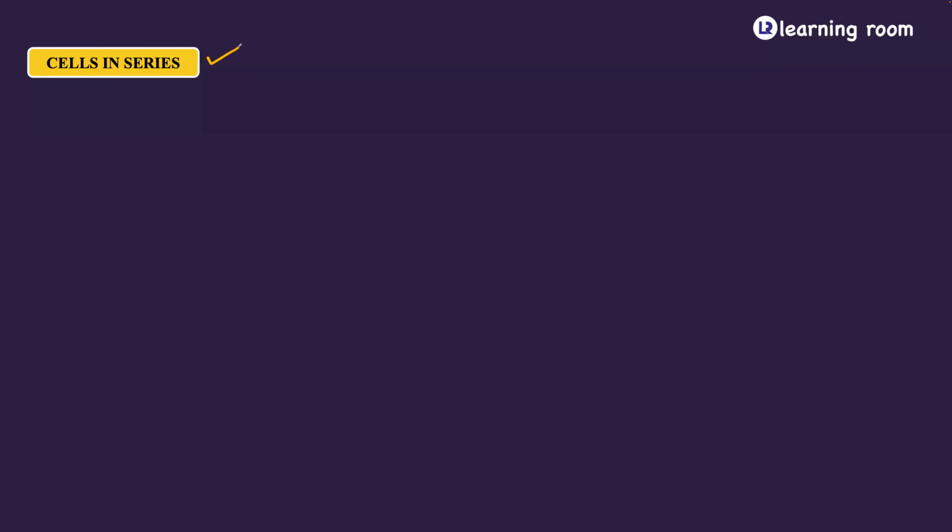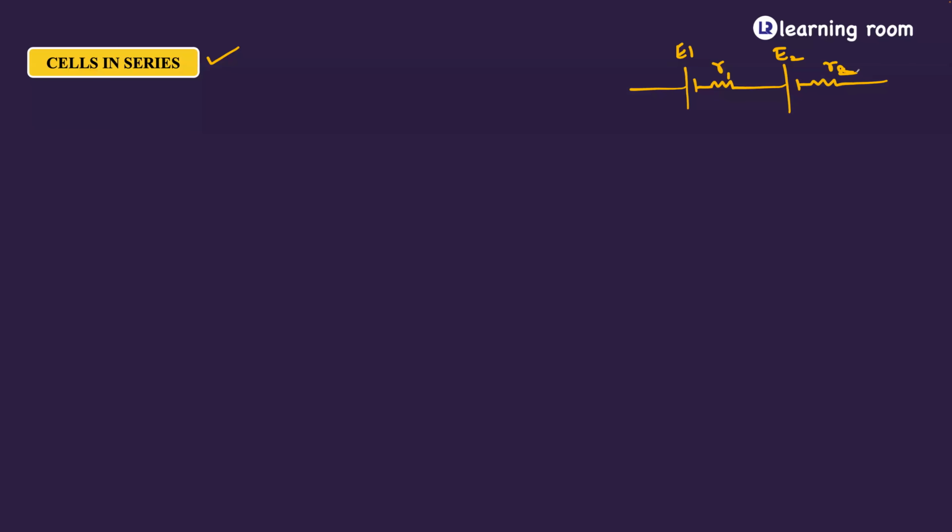Now, first let's observe what happens diagrammatically. If I take this to be E1 and this to be E2, now listen to this. There are two cells connected in such a way that E1 is supplying current.